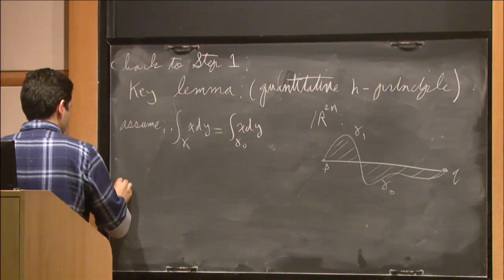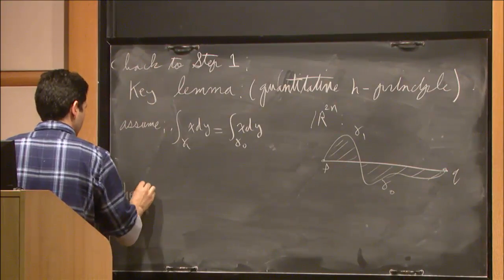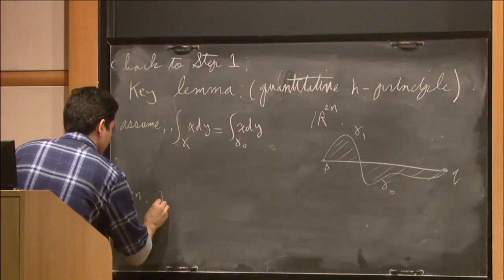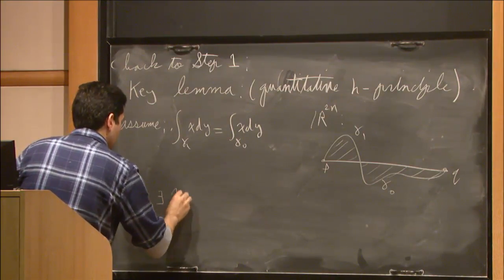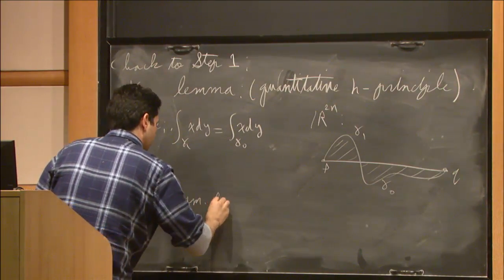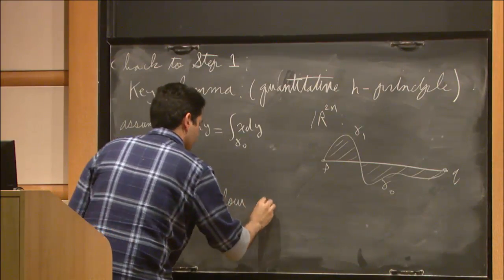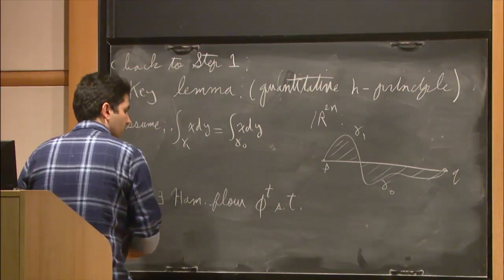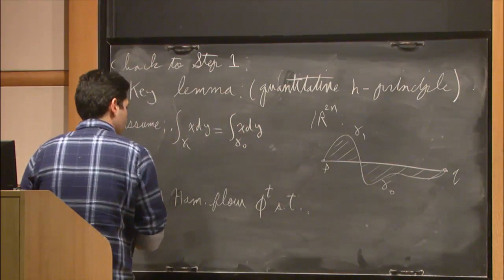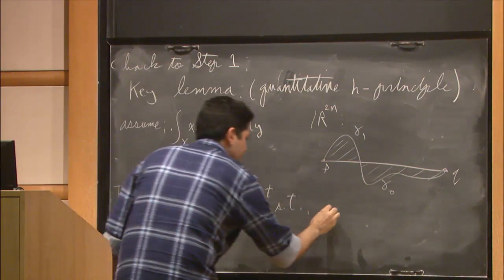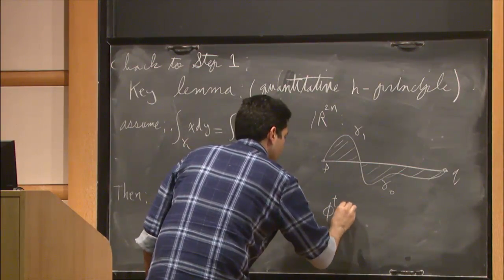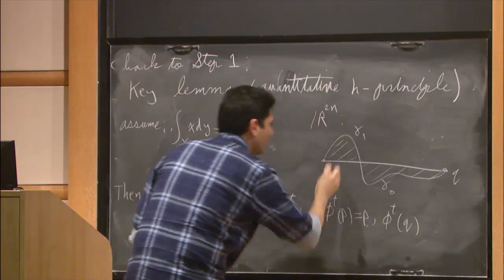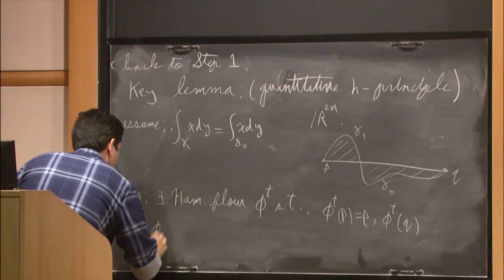Then it's a standard fact that everybody knows: if this is true, there exists a Hamiltonian flow such that this flow fixes the endpoints of the curve and sends, at time 1, one curve to the other curve.